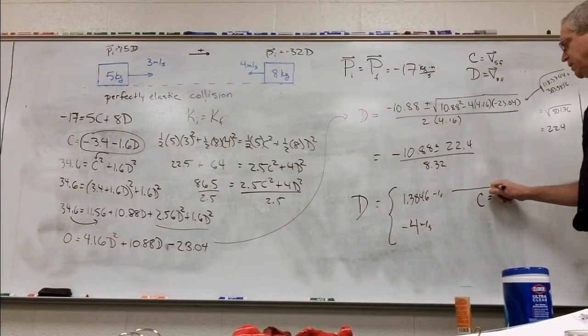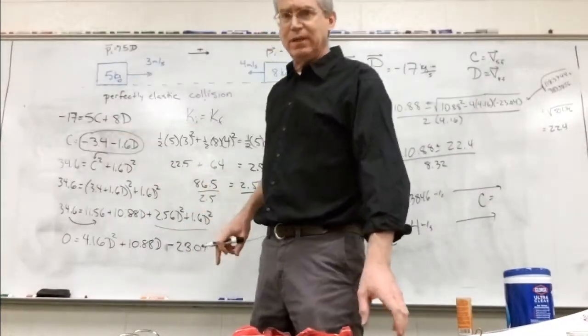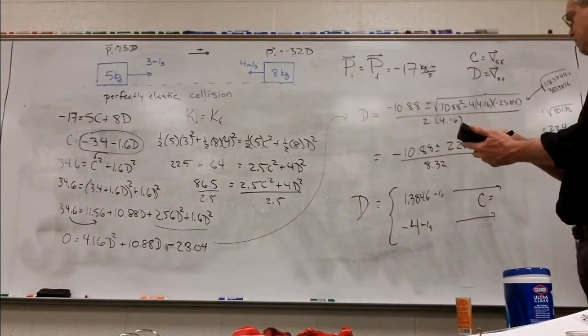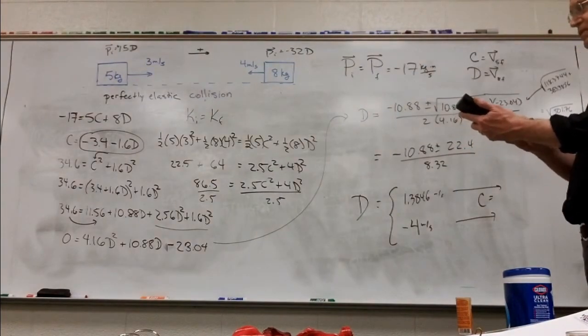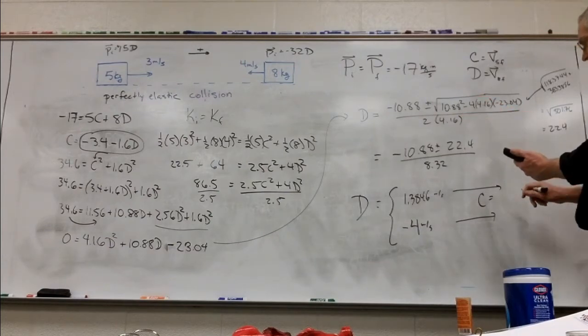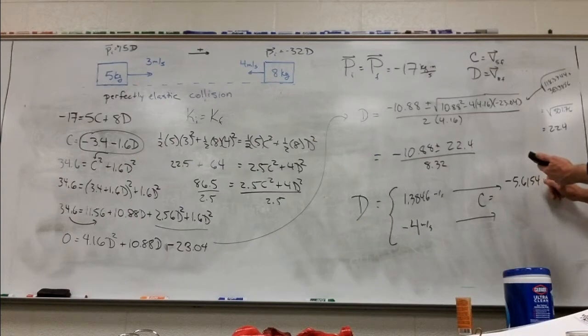C would be, well, we have our formula right there, same as we did last time in the imperfect collision. So I'm going to take that number right there, times negative 1.6, and then 3.4 minus that, and so I get C being negative 5.6154 meters per second.